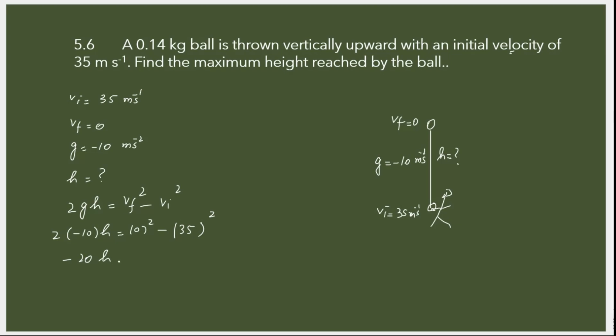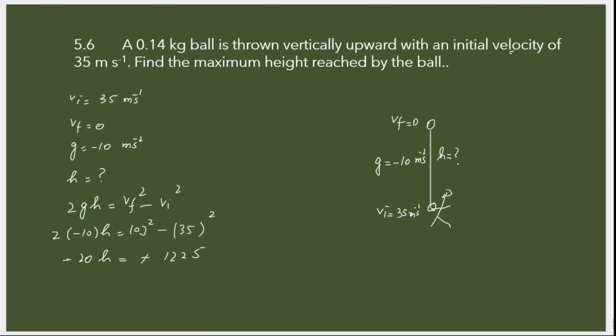h, and this will be equal to 0 squared, which gives us 0, and negative 35 squared, we take a square of 35, it is 1225.